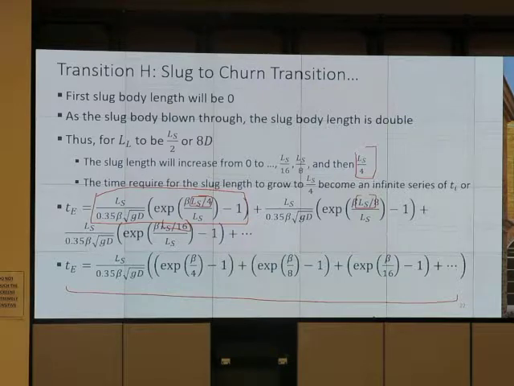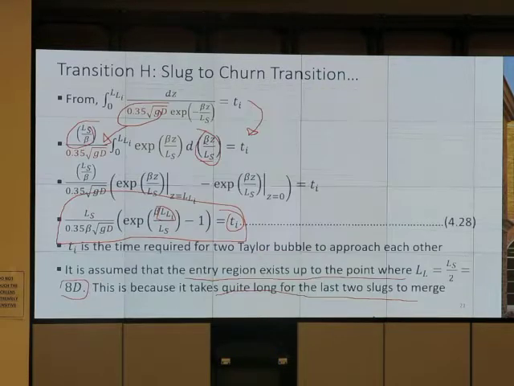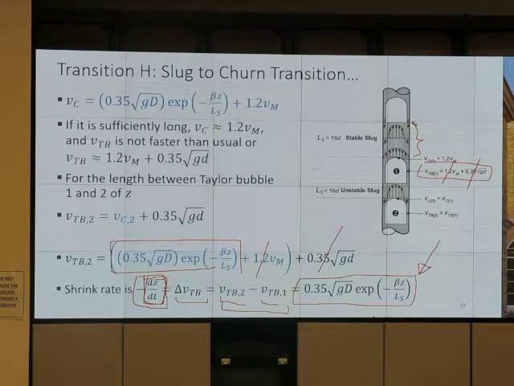L_s over 4 means initially, so we come back to the definition of L_L. If that length initially is L_s over 4, how long does it take for this bubble to blow through and merge? When it merges, it becomes L_s over 2, right?